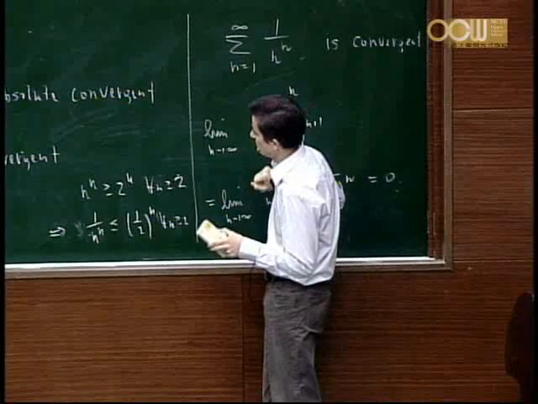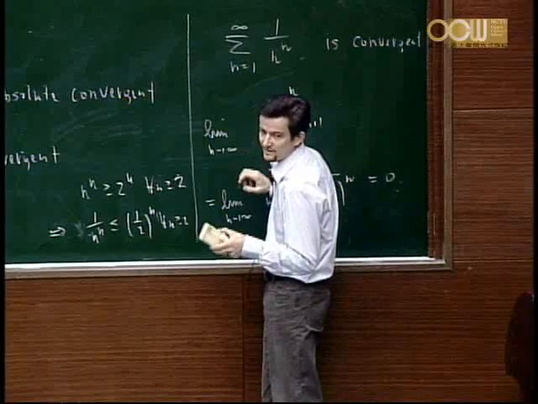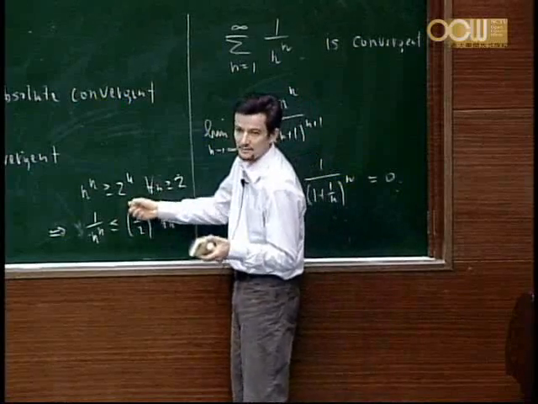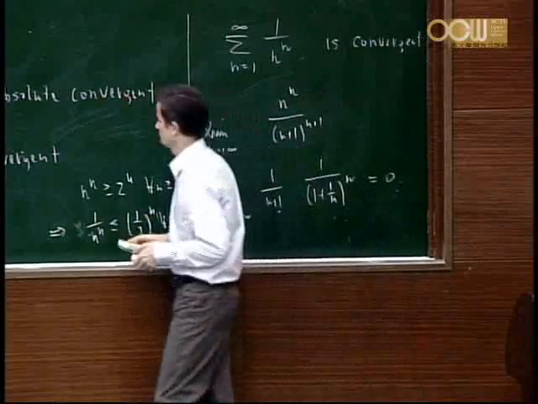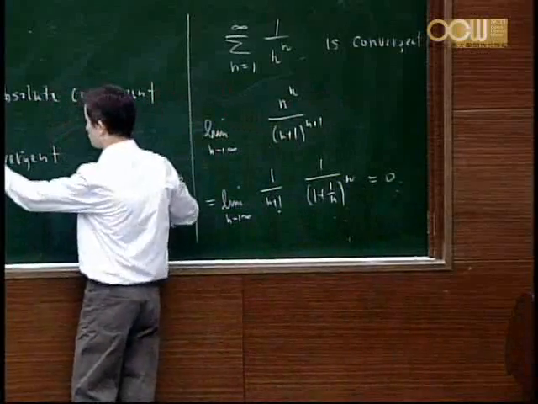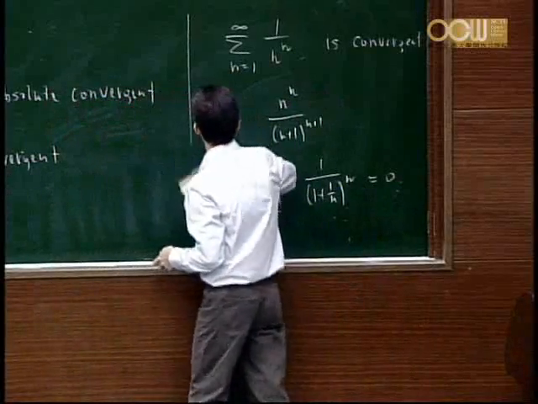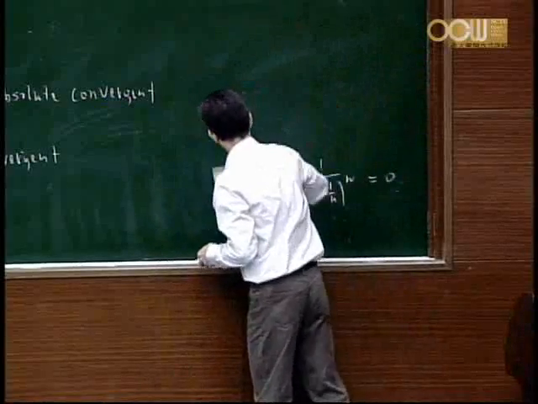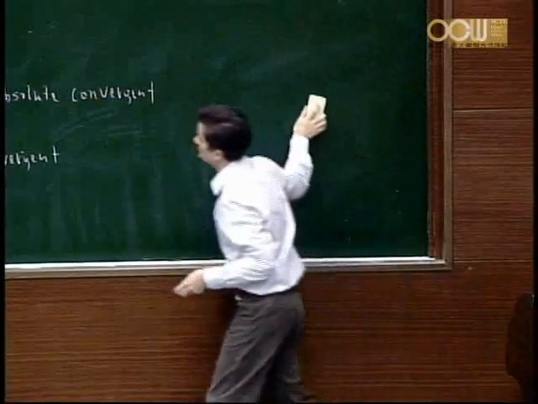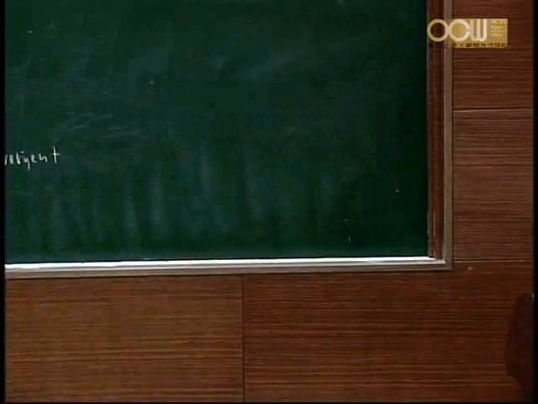But Maple, unless you tell it, will not be able to come up with the comparison idea. So you can use a much more systematic approach now for checking whether series are convergent or not. Let's look at some other examples.